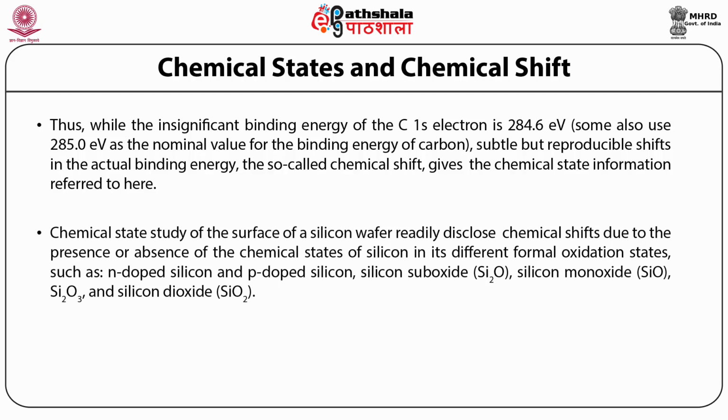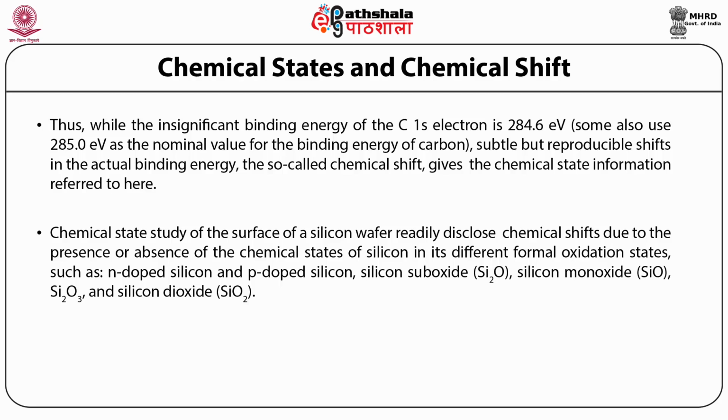Chemical state study of the surface of a silicon wafer readily discloses chemical shifts due to the presence or absence of the chemical states of silicon in its different formal oxidation states, such as N-doped silicon or P-doped silicon, that is metallic silicon, silicon suboxide Si2O, or silicon monoxide SiO, or Si2O3, and silicon dioxide SiO2.